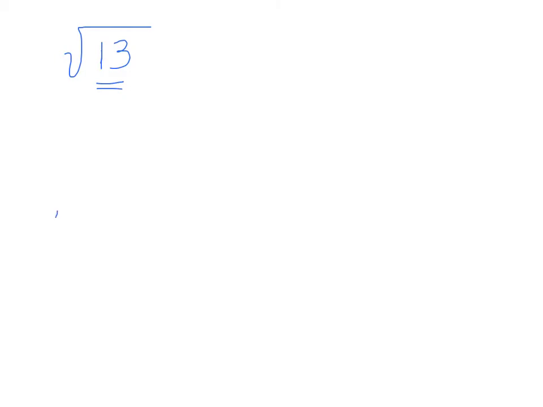Well, 2 squared is 4, 3 squared is 9, 4 squared is 16, and if I was to picture putting these numbers on the number line, 4, 5, 6, 7, 8, 9, 10, 11, 12, 13, 14, 15, 16, and I can picture it keeps going. Where would 13 be on the number line? 10, 11, 12, 13. So this would be 13. Where is this in relation to the 9 and 16? Well, it's pretty much right in the middle.